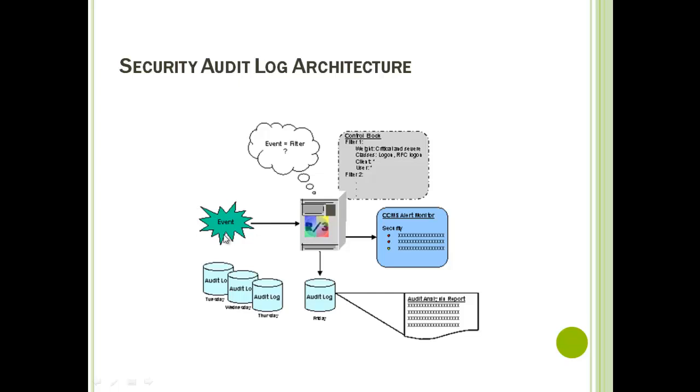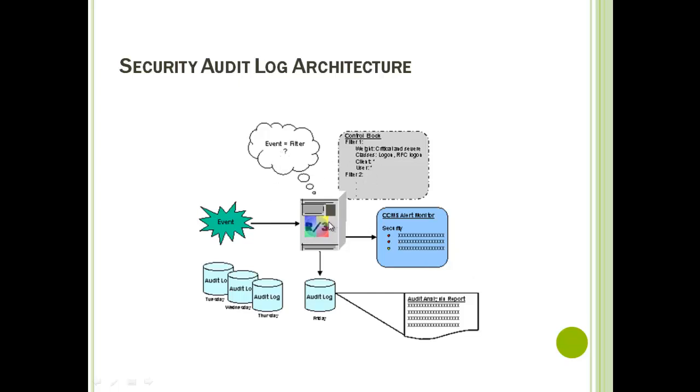As I said, whenever an event occurs, it will be sent to SAP. SAP, based on the filter, if this is required to be logged, will send the trigger to the audit log and it will save the log in the operating system. Each application server will have an audit log file. From this audit log file, the CCM alert will read this file and build the alert mechanism.